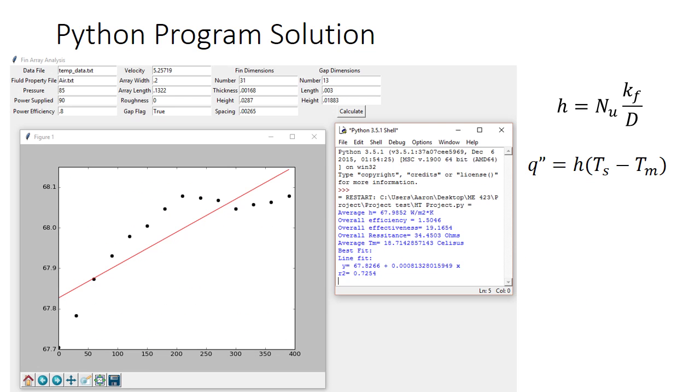After all was said and done and the Nusselt correlation was determined, the h was found by multiplying by the conduction rate of the fluid divided by the hydraulic diameter, as shown with the equations on the left, as well as finding the T mean. The fin performance values were found using the fin performance equations for the overall efficiency, effectiveness, and resistance, and the results are shown on screen.